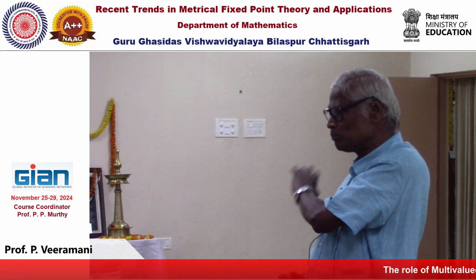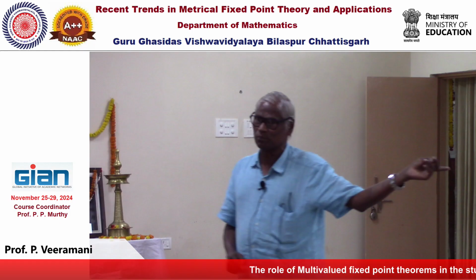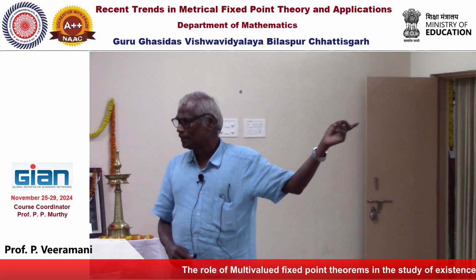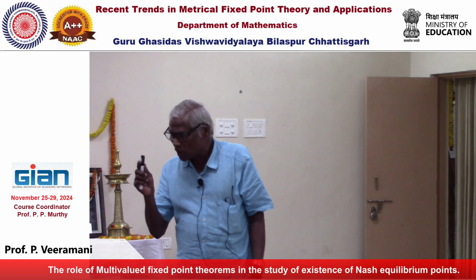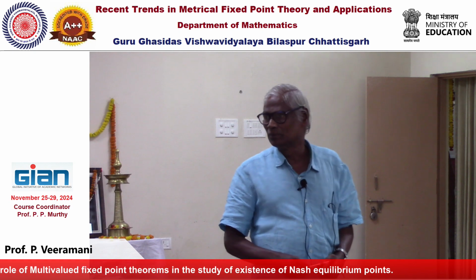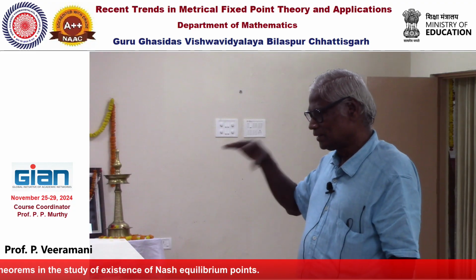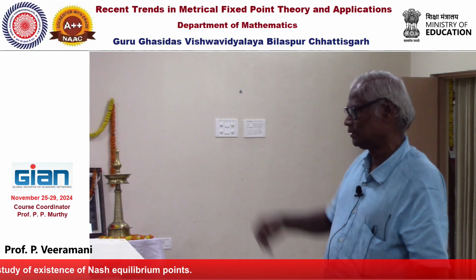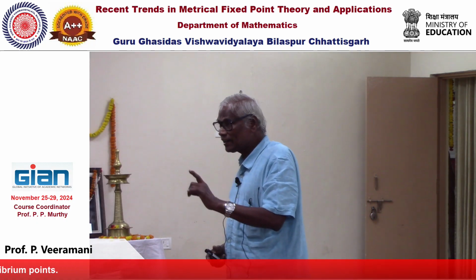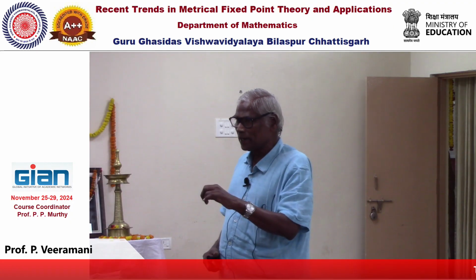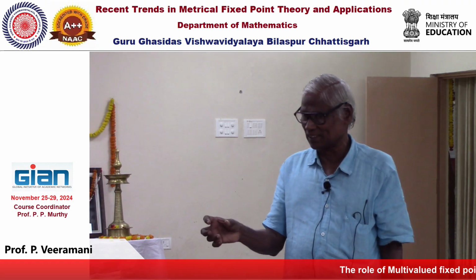We can give a simple proof using the Kakutani theorem, because in a natural way this is a multivalued map. For each x, the image is a multivalued map. What is the Kakutani theorem? It was proved by Kakutani in the 1940s, who generalized the Brouwer fixed point theorem to multivalued maps in finite dimensions.